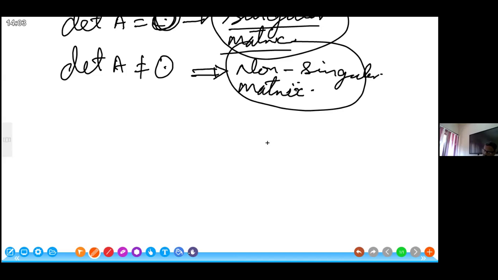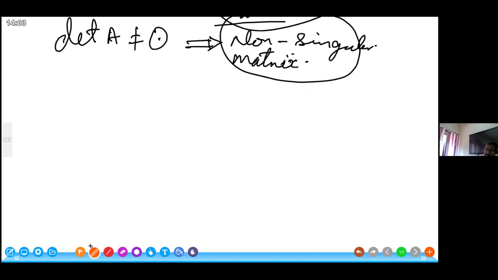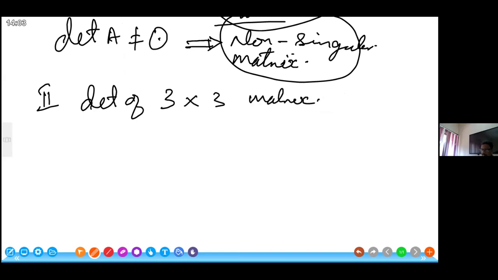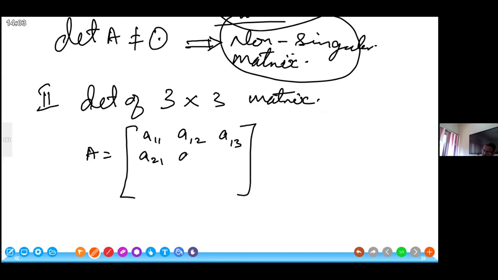Now we will go for the 3 by 3 matrix. Determinant of a 3 by 3 matrix. I'll write the elements A11, A12, A13, A21, A22, A23, A31, A32, A33.